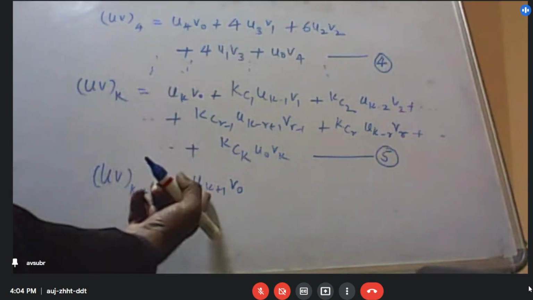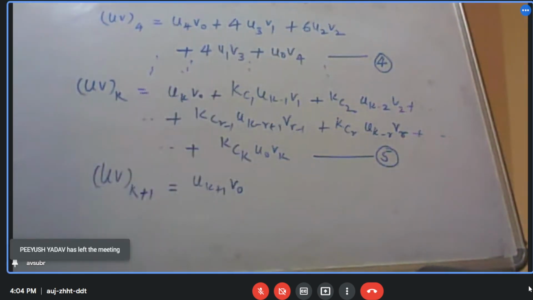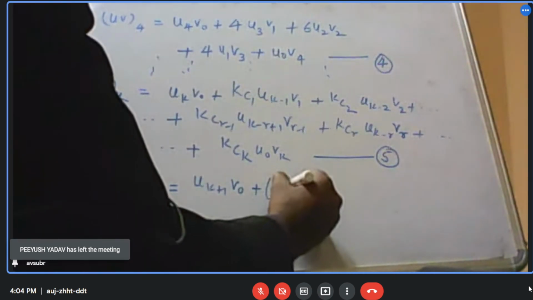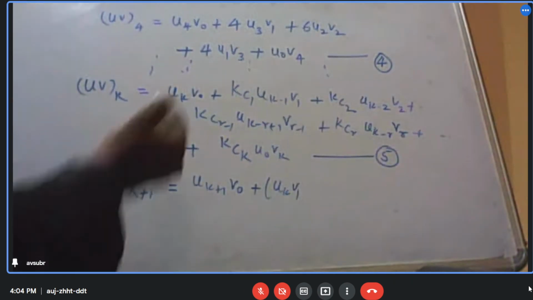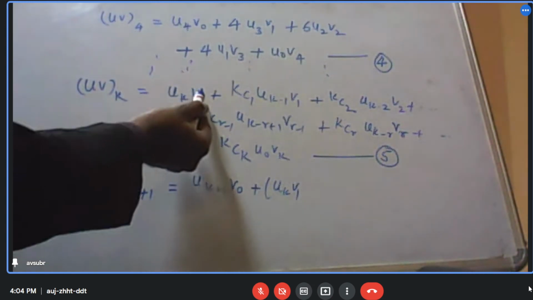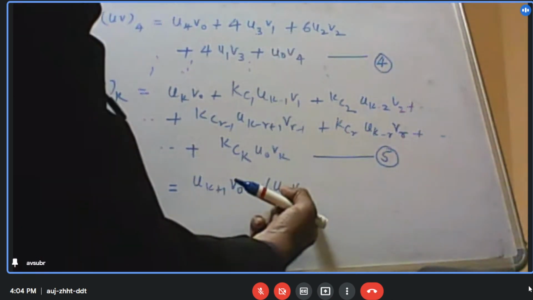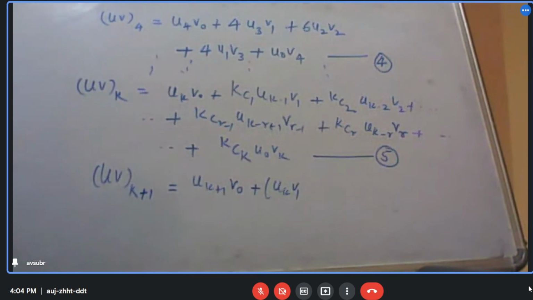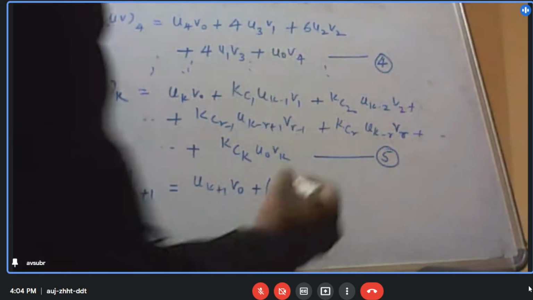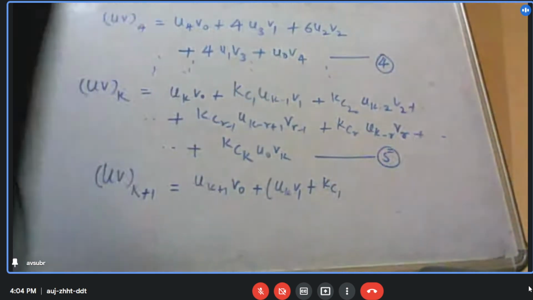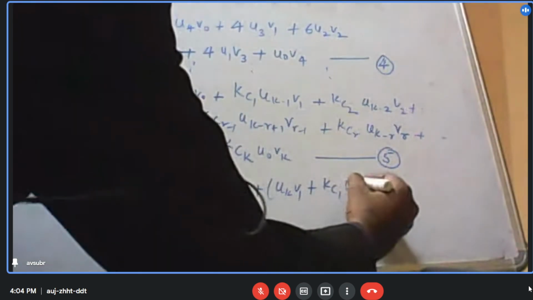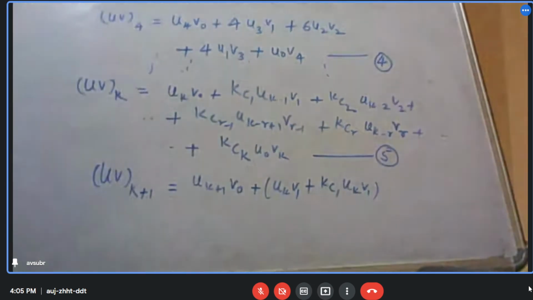UK plus 1 V0 plus UK V1. First function will remain the same and the second function will get differentiated, so that differentiation will give me the first derivative of V. Plus KC1 UK V1.